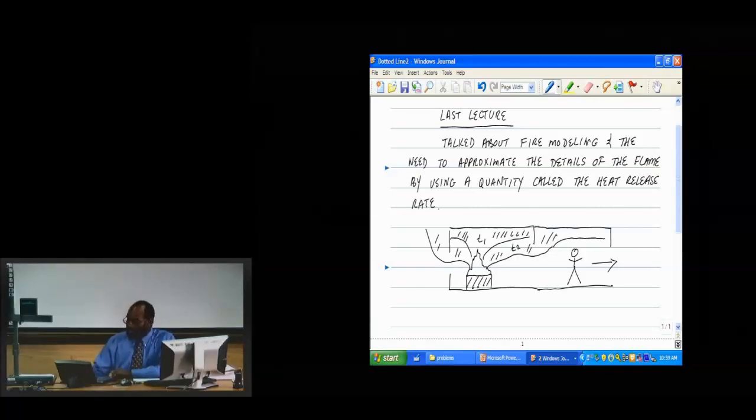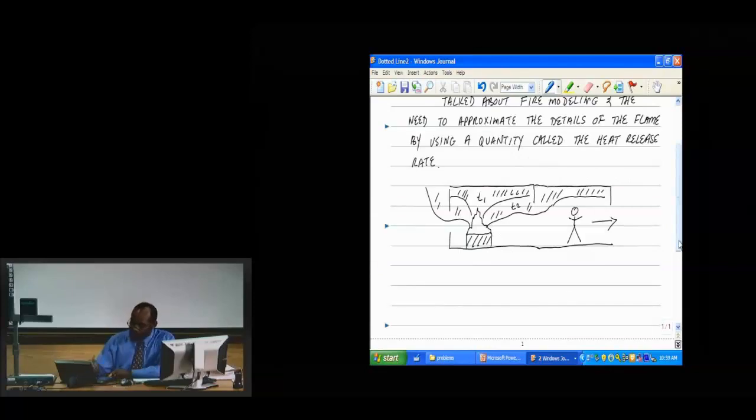So from a modeling perspective, what we're trying to understand is the available safe egress time. So we're going to use that term throughout the class. Sometimes that's given the approximation ASET. So we want to understand what the available safe egress time is for anybody that might be within a structure like that.